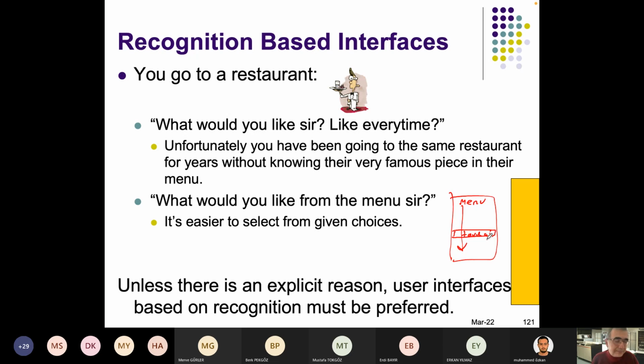The waiter comes back and you say you would like to have tavuk shish, and he says they don't have it. So that is unfortunately an interesting experience.